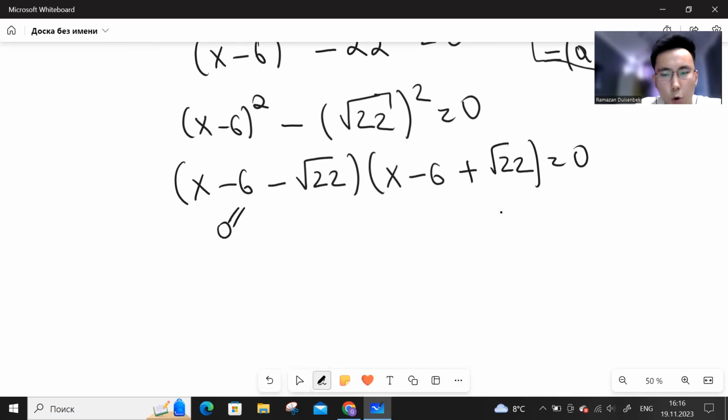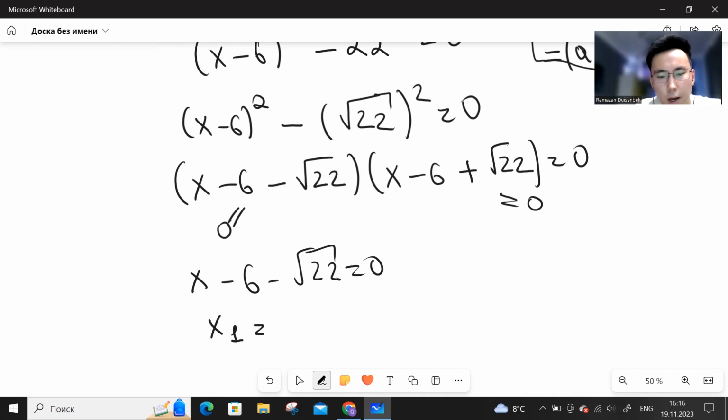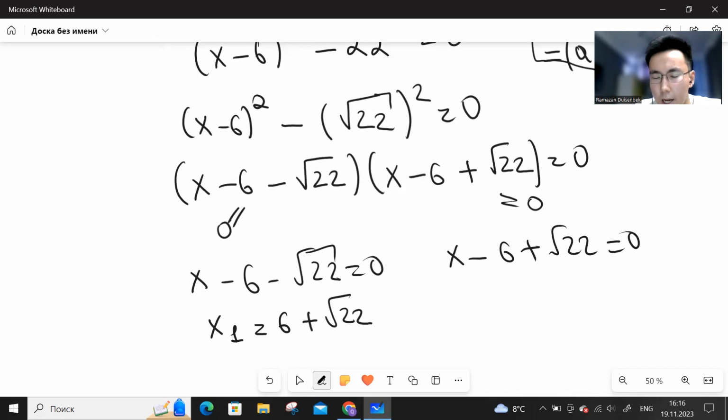I'm just equating both brackets to 0, and from the first bracket, I have a root 6 plus square root of 22. From the second bracket, I have the second root, that is 6 minus square root of 22.